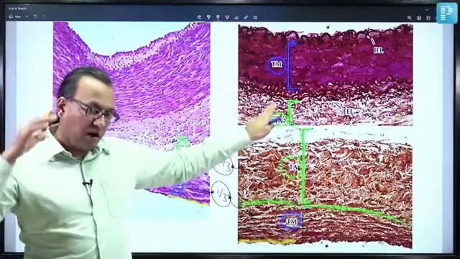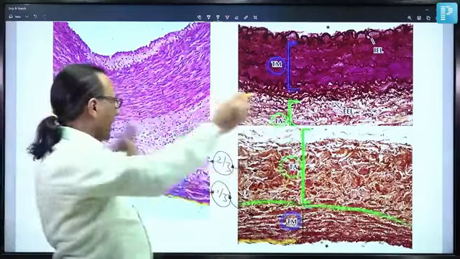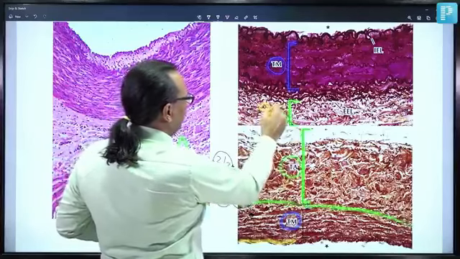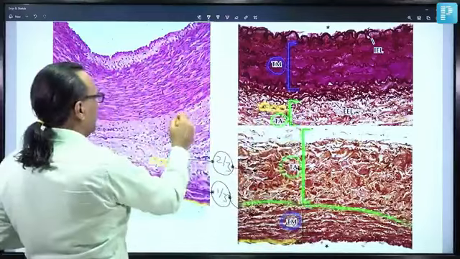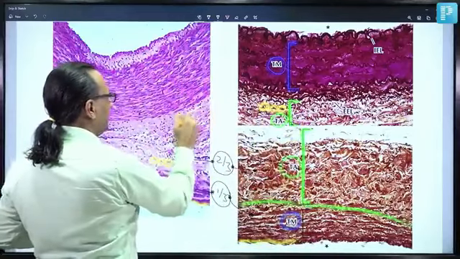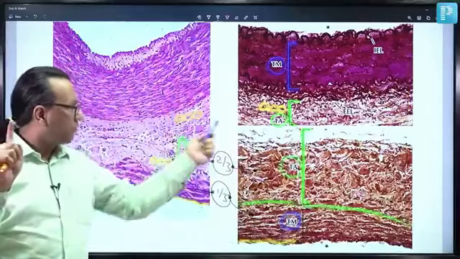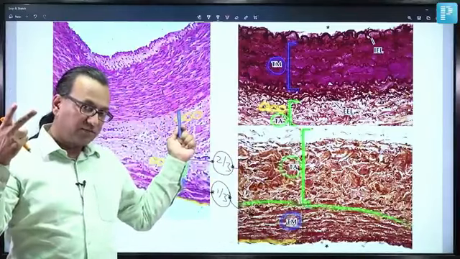So even larger arteries in the tunica adventitia can have vasa vasorum. And this vasa vasorum in the tunica adventitia will be more prominent, not in case of muscular artery like this splenic artery. No, it will be more prominent in case of larger vessels like aorta.